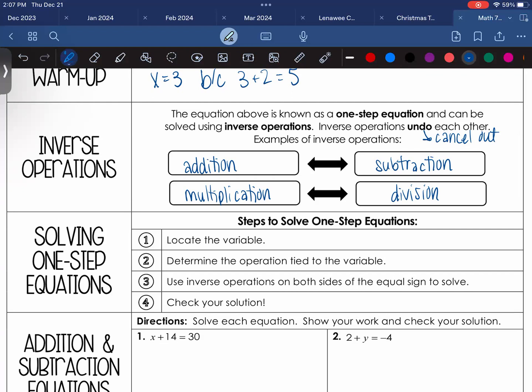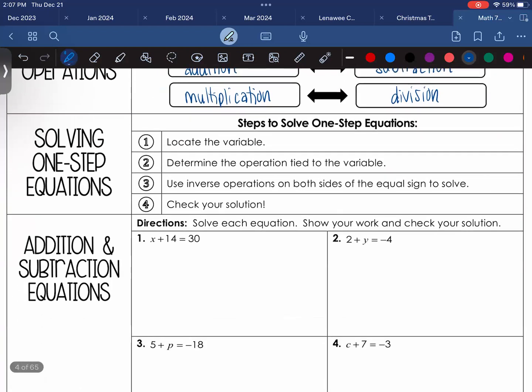So let's take a look at the steps. It says step 1, locate the variable. Remember, so x, y, z, whatever that variable is. Now it says determine the operation tied to the variable. So you're looking to see, okay, what's happening? Let's just write them out. Addition, subtraction, multiplication, or division. You are asking yourself which one of these is taking place.